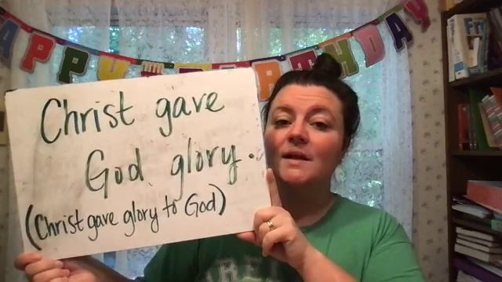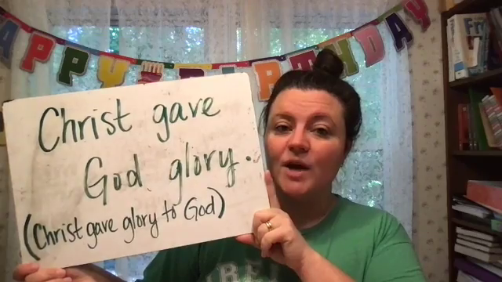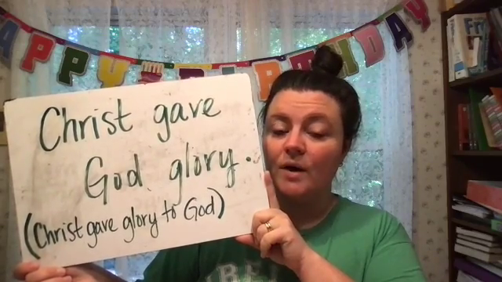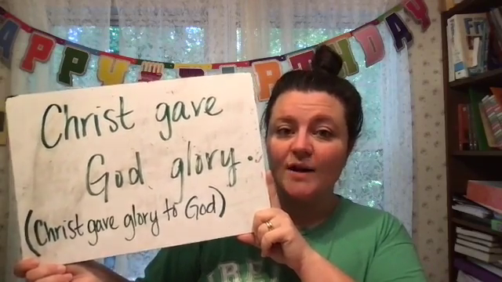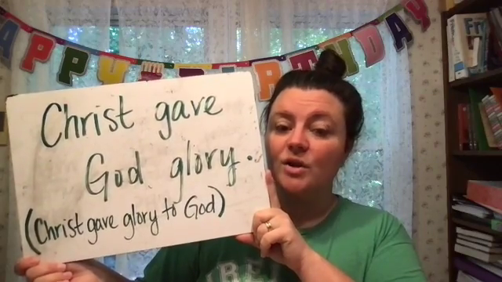So in Latin, Christ gave glory to God. God's the indirect object, and you wouldn't translate to. And in the top sentence, Christ gave God glory. God is your indirect object.